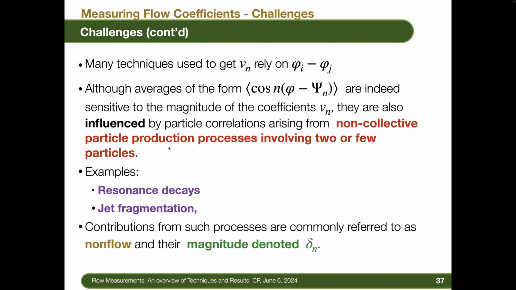A lot of the techniques that we're going to talk about involve the difference between the phi of particles of a pair, phi i and phi j, and evidently this will mean that we need to understand the acceptance and correct for efficiencies and that sort of thing.